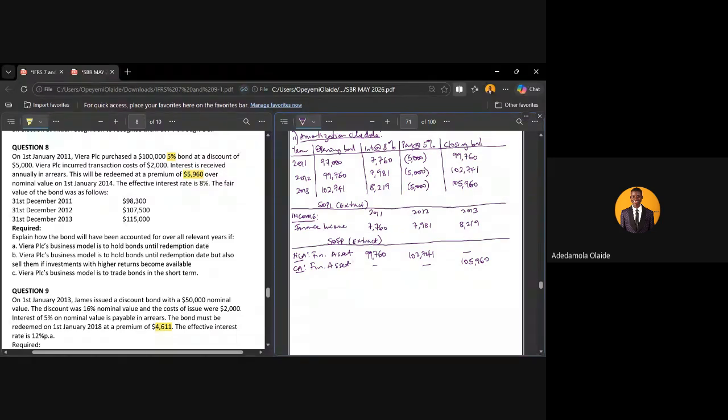So having done that, we are done with the first aspect, which asks us to show how the bond will be accounted for if they are holding the bond until redemption date. Part B asks us to show how the bond will be accounted for if their business model is to hold the bond until the redemption date, but they can also sell them if investments with higher returns become available.